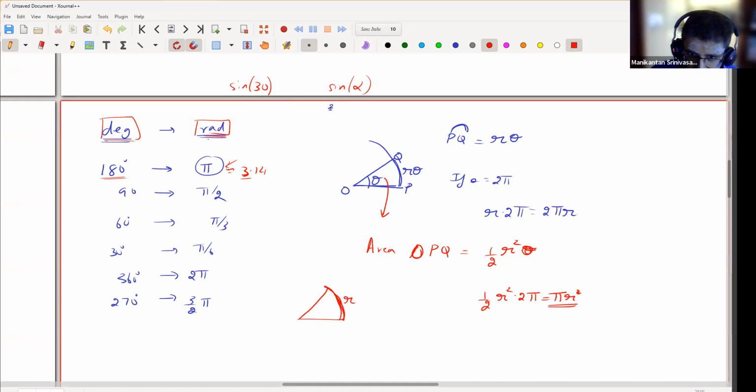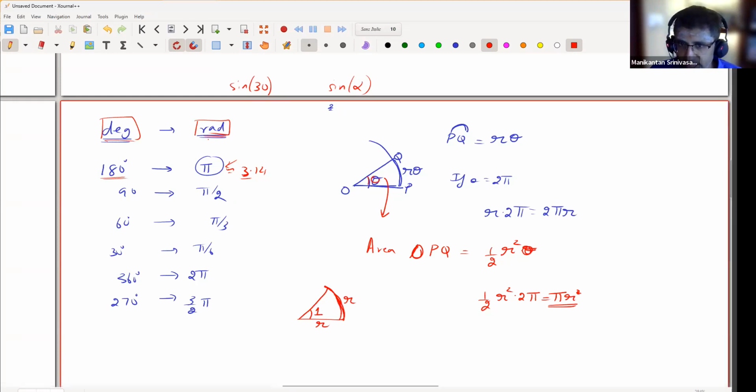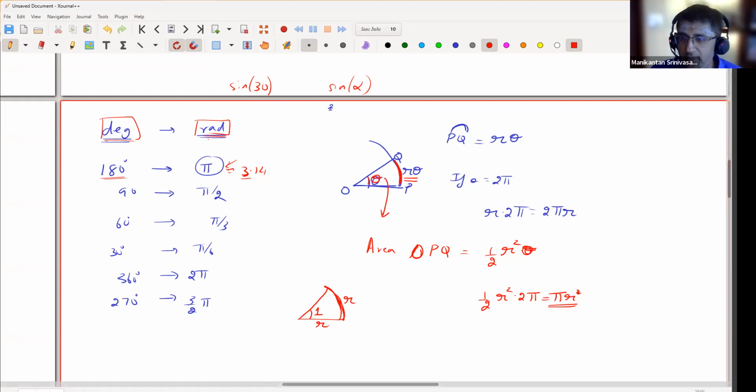If this is r, then this measurement is exactly 1 radian, because the radius is r. In general, for a random theta, the arc length is r times theta. If theta is 1, then the arc length is r times 1, the radius length itself. So visually, when you travel around 60 degrees or slightly less, the arc length is more or less the same as the radius. You should have a feel for what 1 radian is.